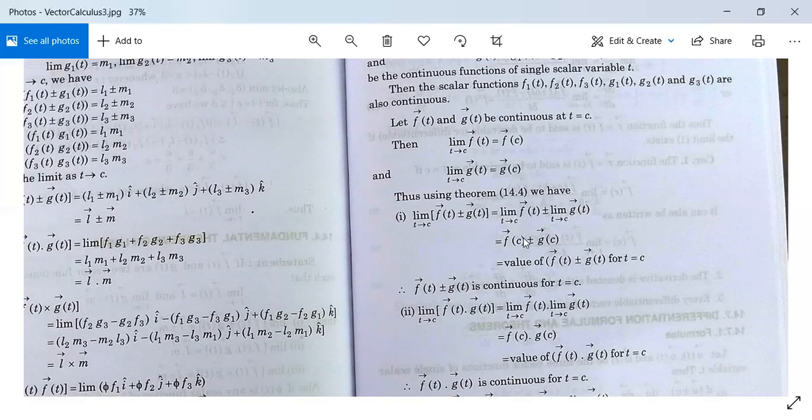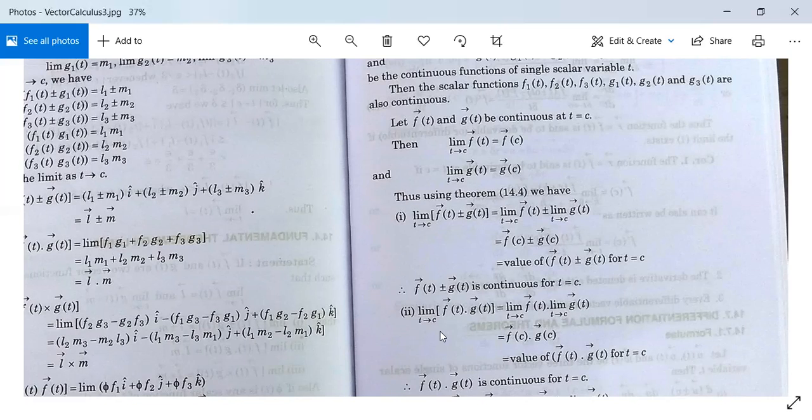This is equal to vector f(c) plus minus vector g(c). It means this is equal to the value of vector f(t) plus minus vector g(t) for t equal to c, and hence vector f(t) plus minus vector g(t) is continuous at t equal to c as per the definition of continuity.